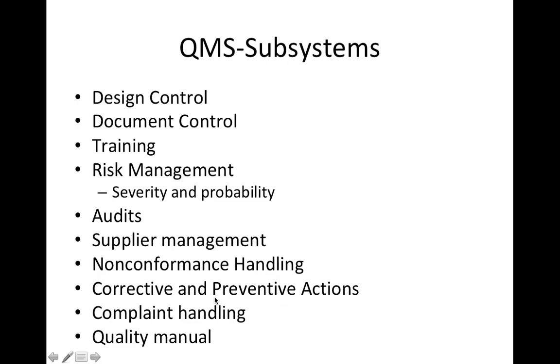Corrective and preventative actions. So let me take that back. Essentially, what happens with these actions is something went wrong, right? Let's just say with the heart valve, you're producing it from plastic. The plastic was heated too hot, right?